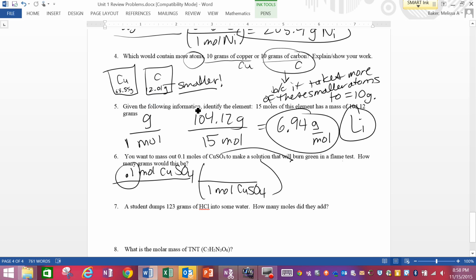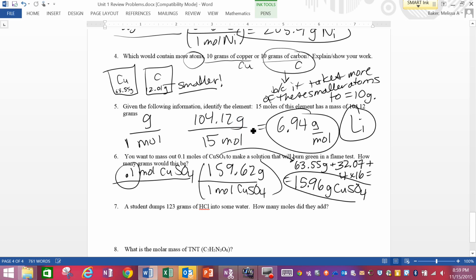So we go off to the side and we say, okay, copper weighs 63.55 grams, plus there's the sulfur, that's 32.07, plus there's 4 oxygens, so 4 times 16. You add all of that up, and it adds to 159.62 grams. Now multiply across the top, divide by the bottom. 15.96 grams of copper sulfate, CuSO4.